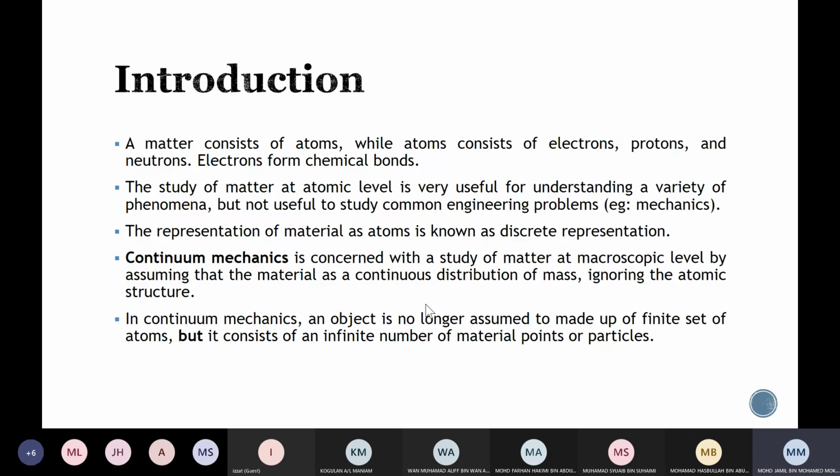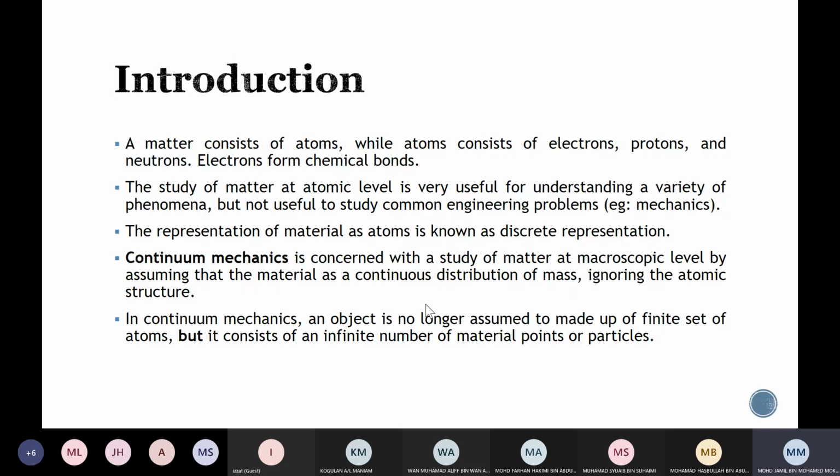Continuum mechanics is basically concerned with the study of matter at a bigger level, by assuming that the material is a continuous body, which has continuous mass, and ignores the atomic structure. So contohnya kita nak study deformation of metals, for example. We know that in metals there is metallic atom. Or sometimes if you use alloy, we have different kinds of atom, like cobalt, chromium, for example.